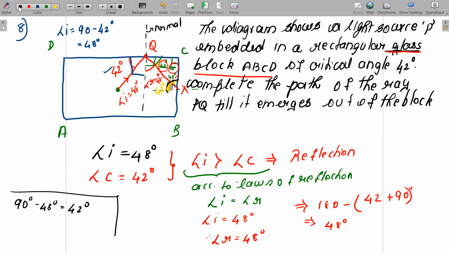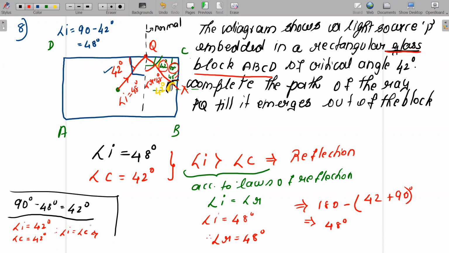So from that point, listen carefully, children. From that point, what you can understand? Angle of incidence is equal to 42 degree. Critical angle of a glass is 42 degree. We know that. Therefore, here angle of incidence is equal to the critical angle. That means it will undergo total internal reflection.